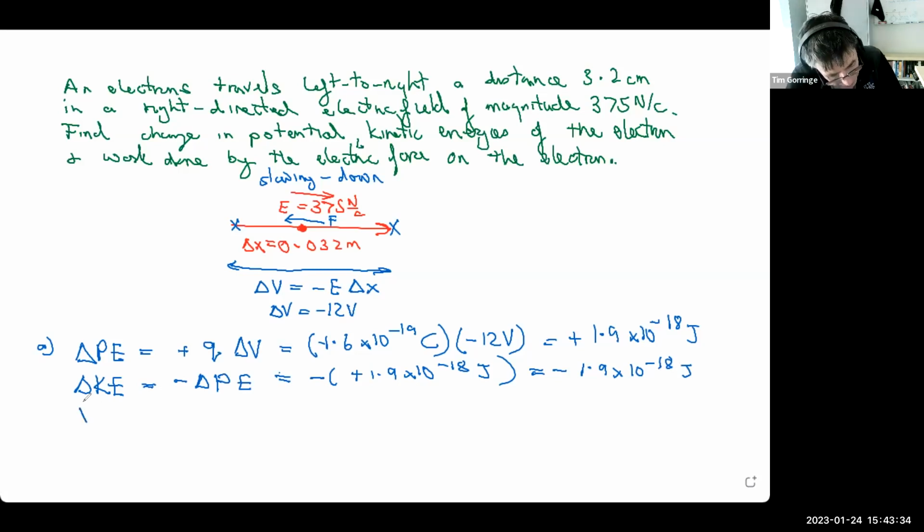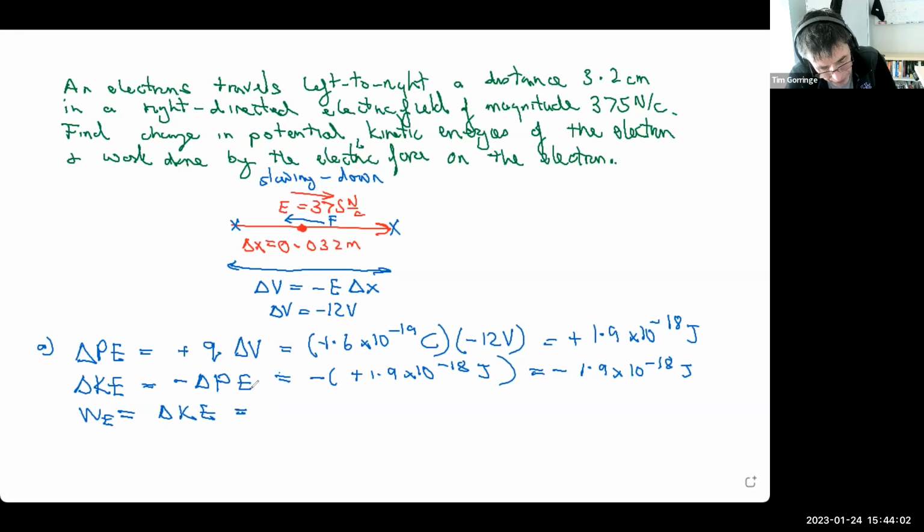Finally, the work done. The meaning of the work done by the electrical force in this case is simply that amount of energy that got transferred from the potential energy into the kinetic energy. The way that it's defined is that the change in kinetic energy is equal to the work done by the electrical force.